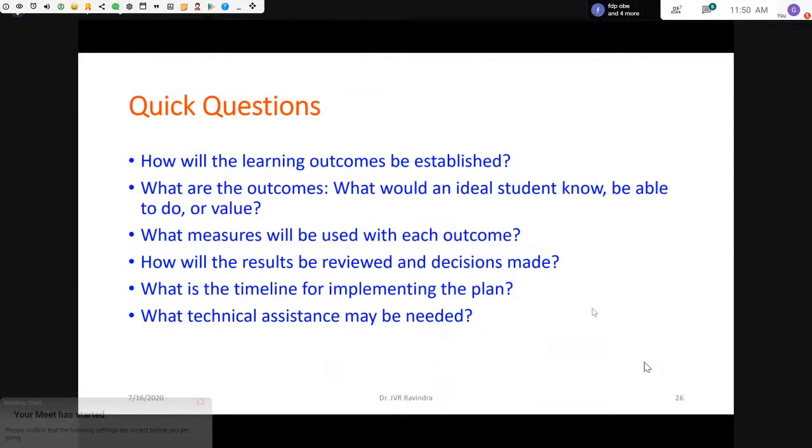Which are fairly related, one is a bit more substantial. So what are the outcomes? What would an ideal student know, be able to do, or value? What measures will be used with each outcome? How will the results be reviewed and decisions made, and what is the timeline for implementing the plan?